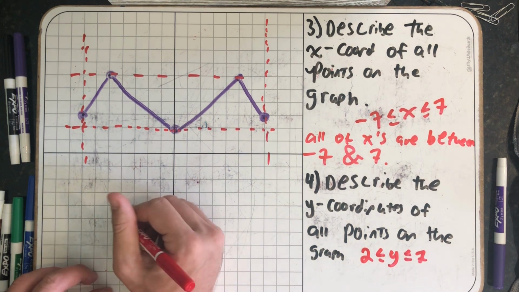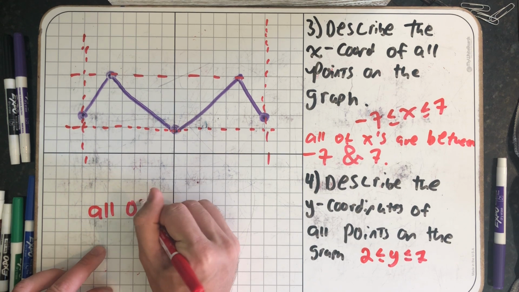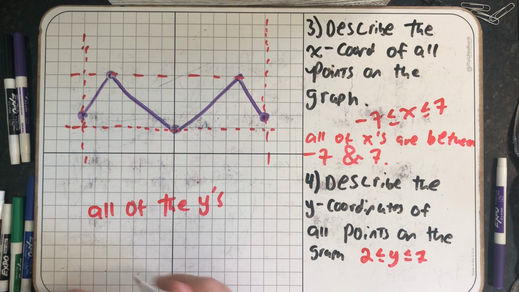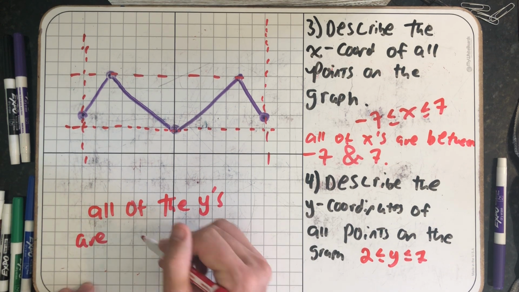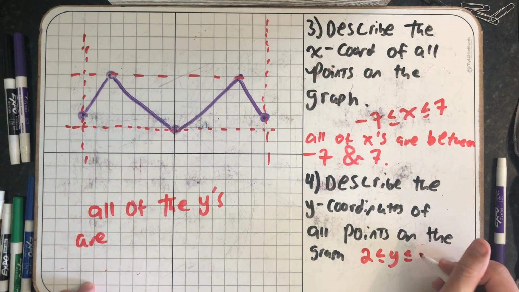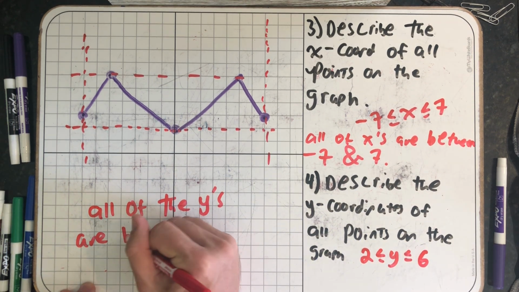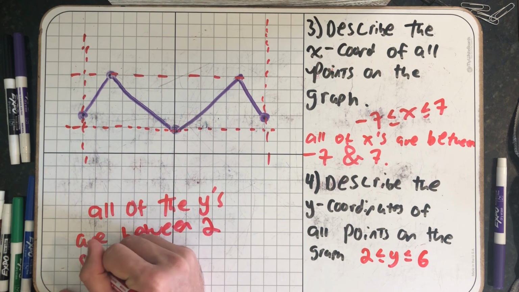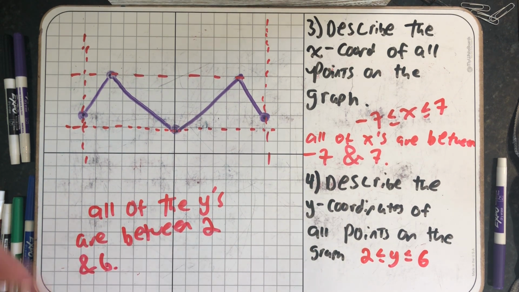And I'm going to write my answer over here. All the y's, or the y-coordinates, are between 1, 2, 3, 4, 5, 6, not 7. All right, and there we have gotten some information from that graph all about the x's and the y's.